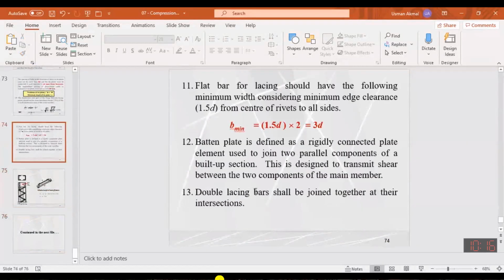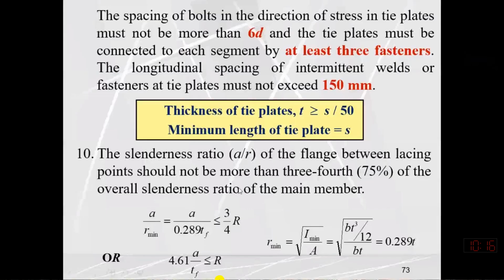So I will jump to this slide again. We are keeping A over R minimum, that is the slenderness ratio of the flange plate within the length A, which is the unconnected portion of the flange with reference to single section, less than or equal to 75%. 75% means 0.75 or 3 by 4 of R. So R is the governing slenderness ratio of built-up section or composite section.